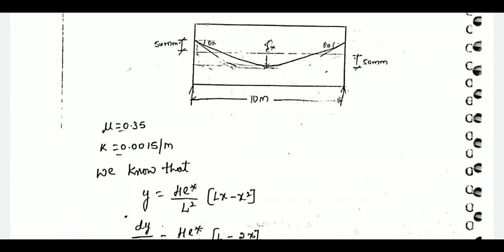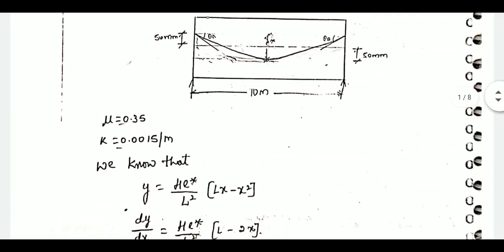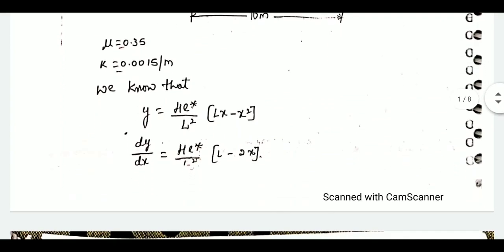Since it is a parabolic tendon, we need to take the equation of the parabola, that is y equals 4 E star by L square into (Lx minus x square). E star is the total dip of the cable, so that is at support above 50 mm and at midspan below 50 mm. So in total it is 100 mm. So E star will be 100 mm.